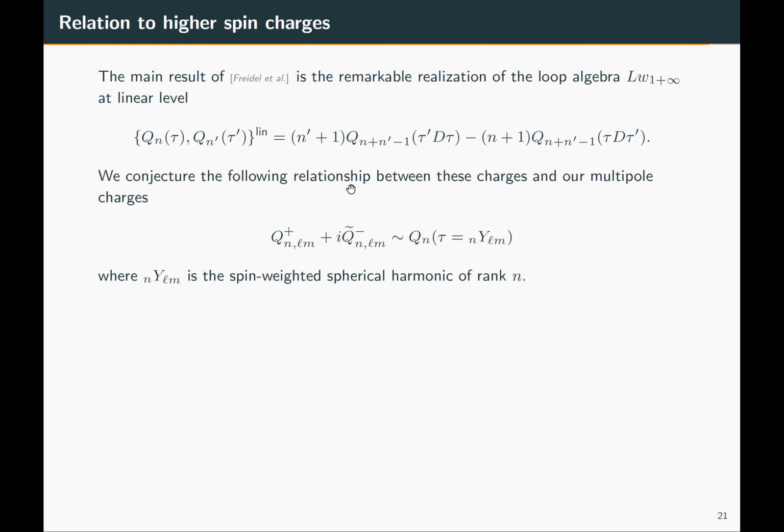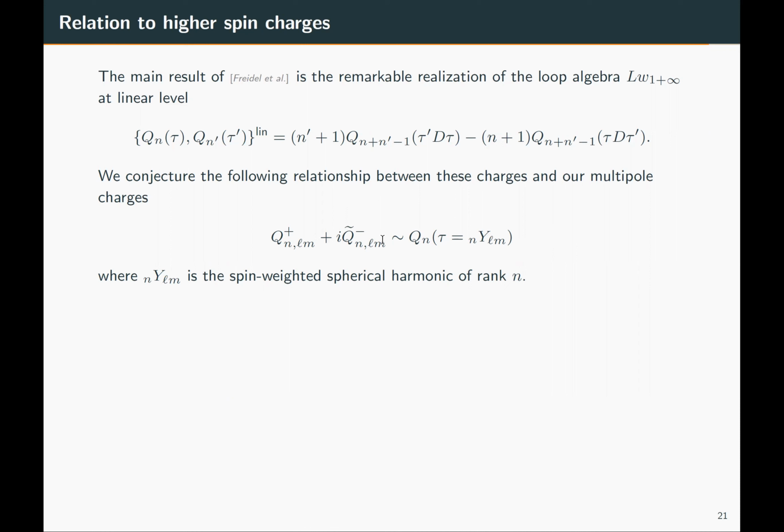From my understanding, if I take the parameter of the charges to be a spin weight, the spherical harmonic of weight n, spin n, and harmonic Lm, then this charge that they define reproduces our charges here.